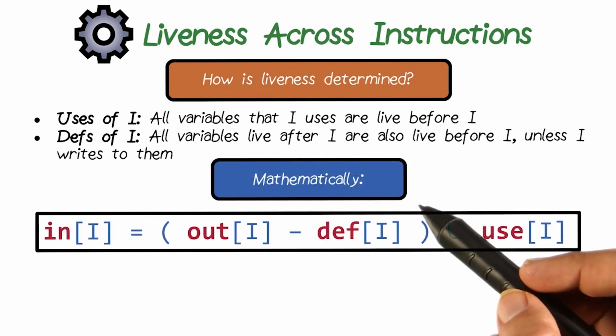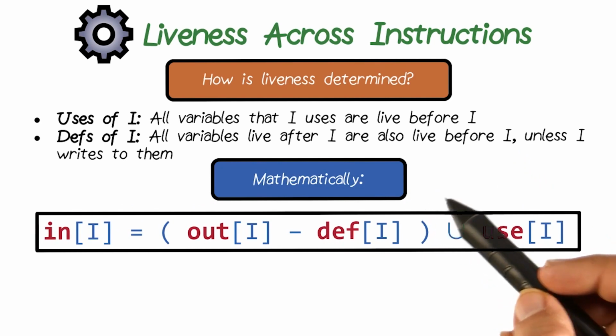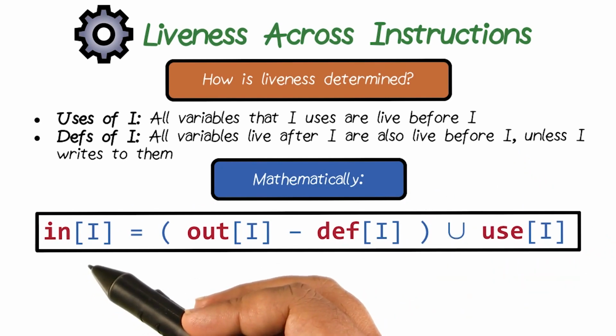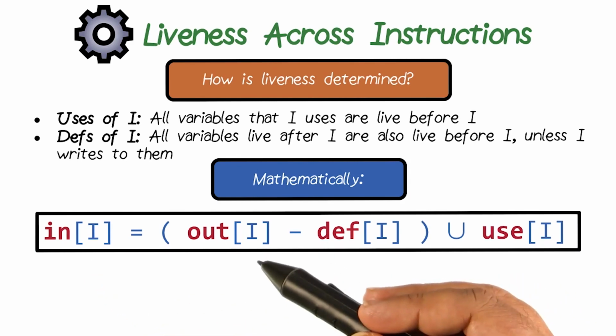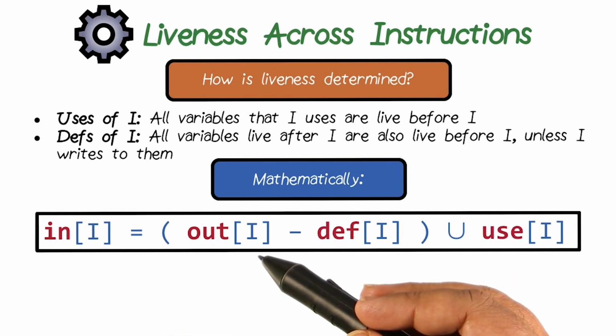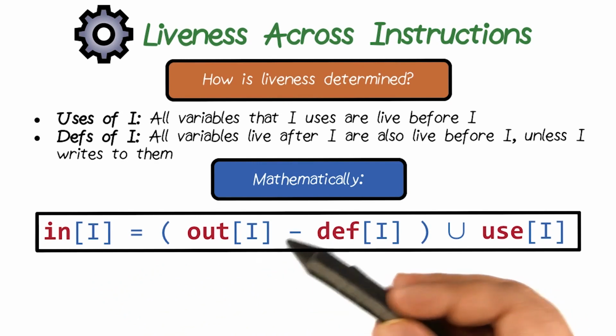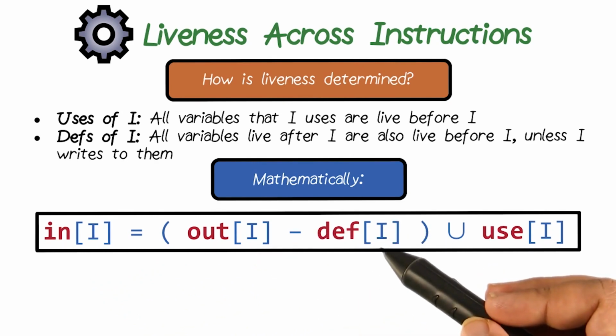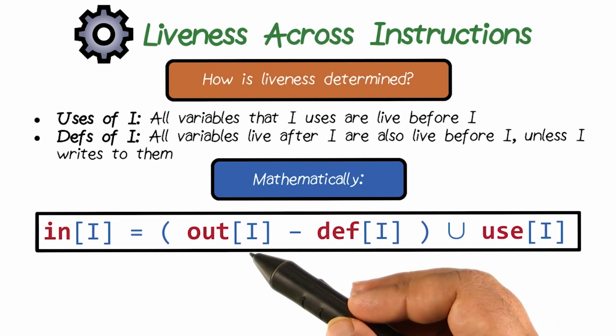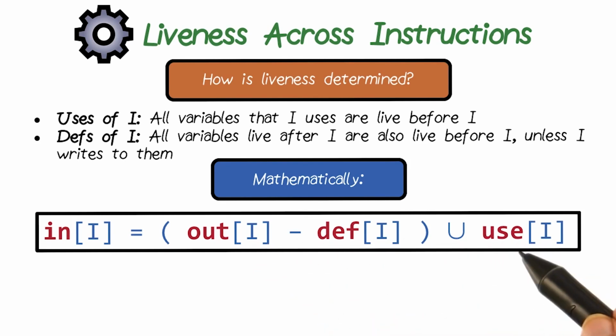So mathematically, the equation here is in set of I, which is the set of variables which are live before I, is equal to out set of I, the variables which are live after this instruction I, minus def of I, the ones which are defined in I, those are removed, such as x in the previous examples, and union use of I, the ones which are used in instruction I, get added as the live variables here.